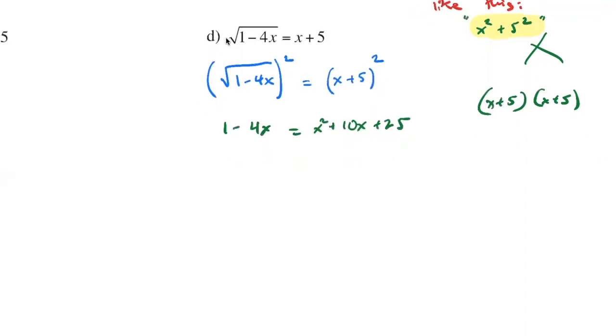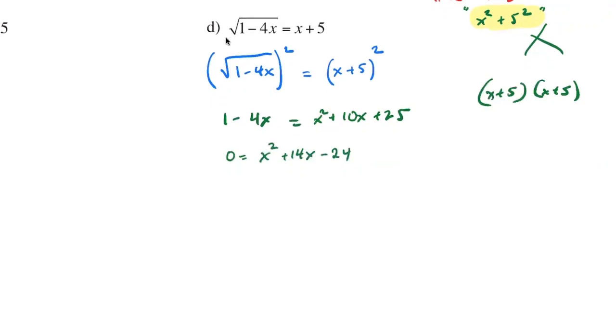So I'm going to go ahead and bring everything to the right-hand side. So we get x squared plus 14x minus 24, right? And did I do that math correctly there? 6 and 4, 8 and 3, 12 and 2.